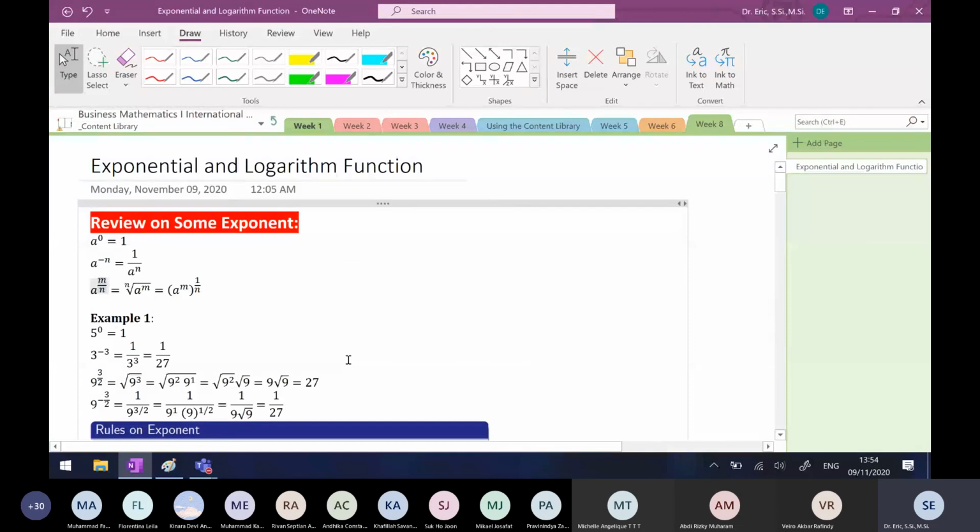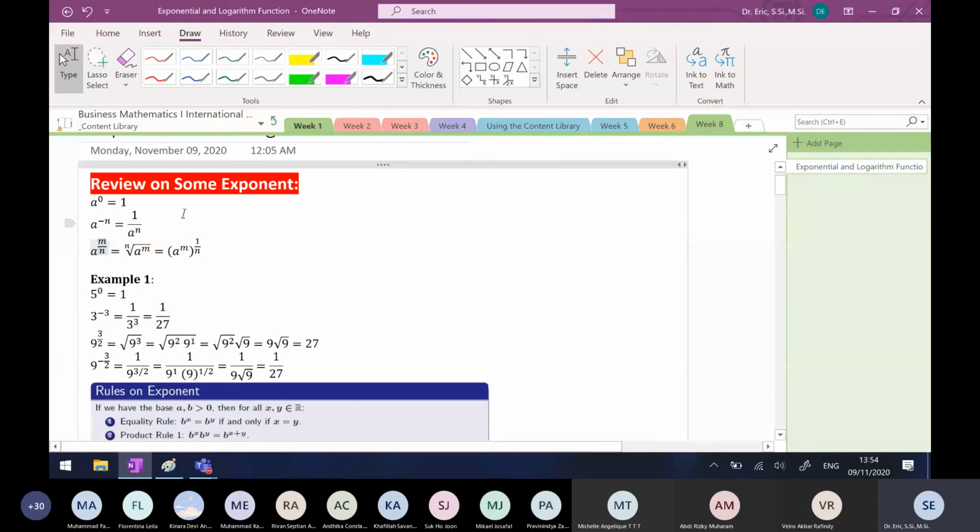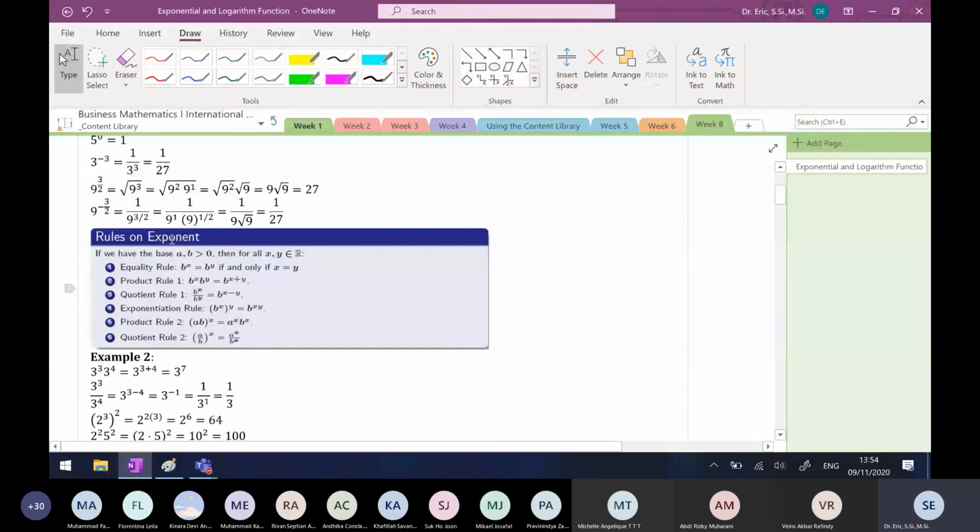Let me review the exponent. For the exponent, I have this kind of formula: to the power of 0, to the power of negative, and to the power of rational. And there are rules for exponents here: the equality, the product, the quotient, and exponentiation rules.